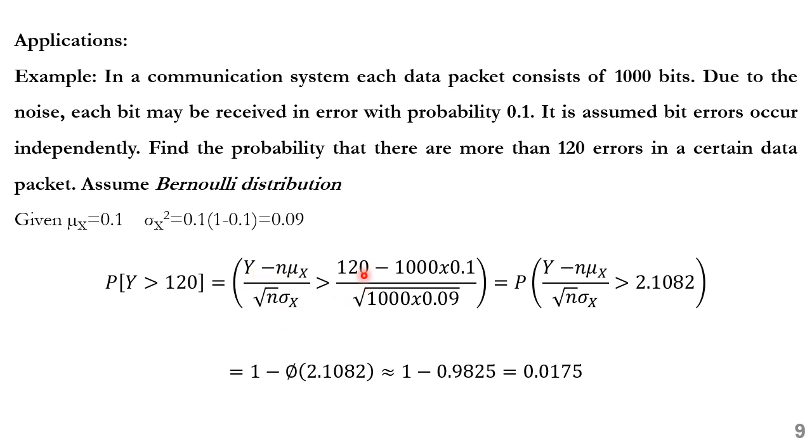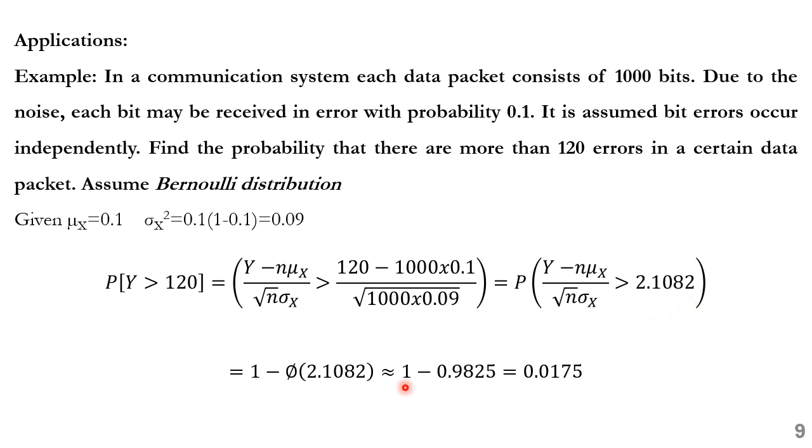That is, y is 120 here, n value is 1000 multiplied by mu x value 0.1, divided by root n, that is 1000, and sigma x square we have got as 0.09, so therefore it is root of 0.09.